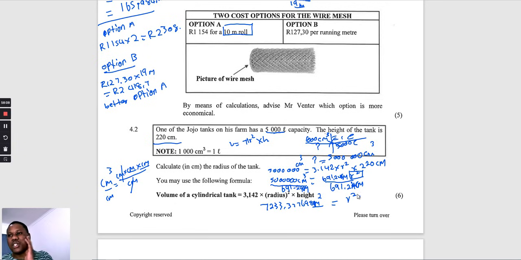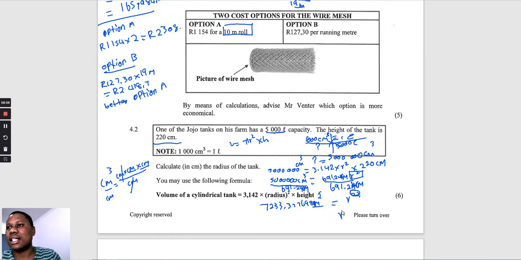Now if we're going to remove this squared, we must remove it. When we remove this, we must square root everything here. Remember, this square is only affecting the centimeter here. It is not affecting this number. I will show you two options for removing this square.